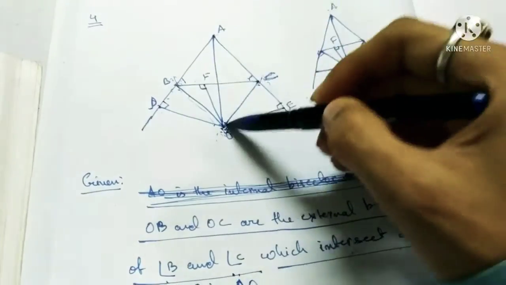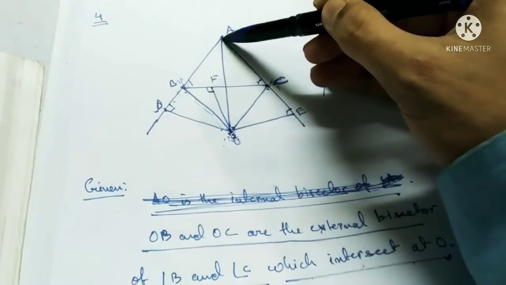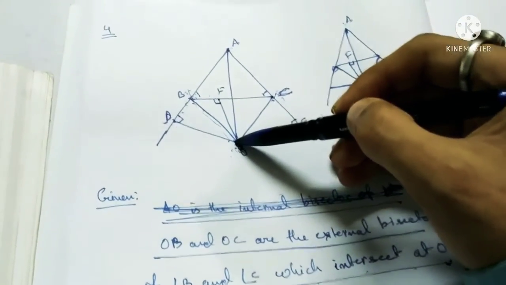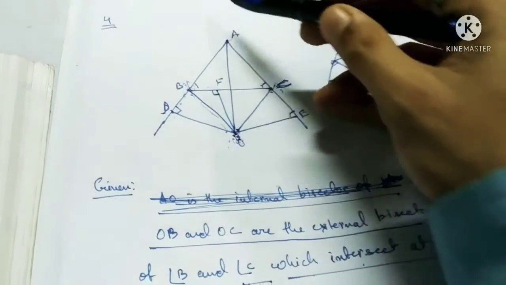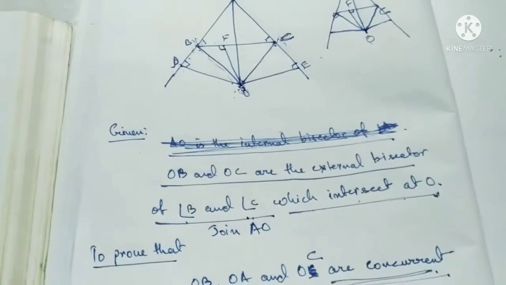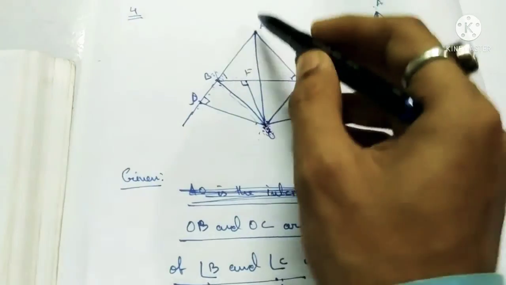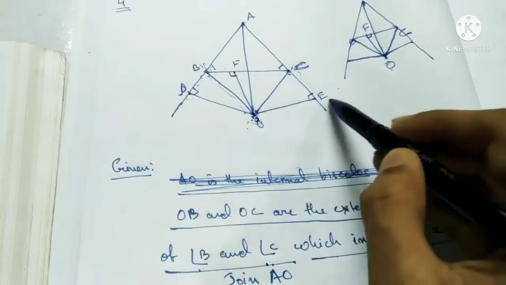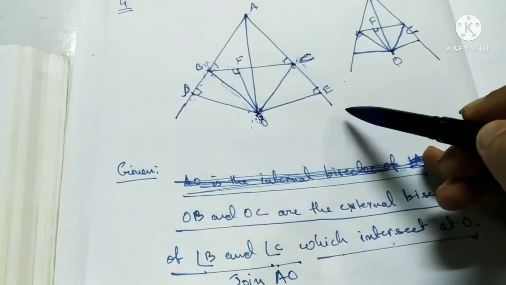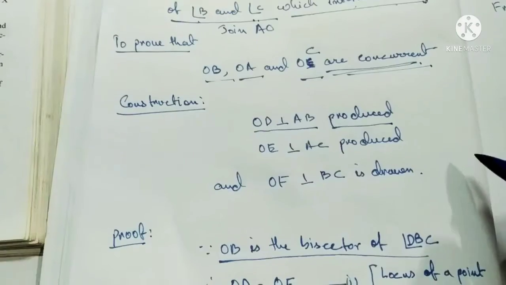OB and OC are external bisectors, I know. I have to just prove that AO is the internal bisector of A, then it will be proved. Construction: OD perpendicular to AB produced, OE perpendicular to AC produced, and OF perpendicular to BC is drawn.